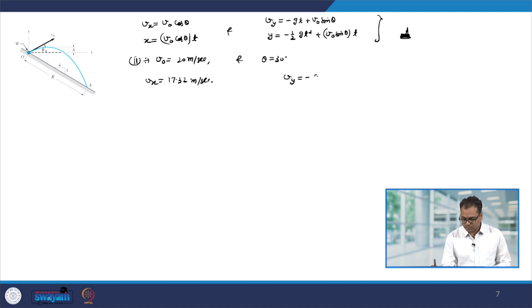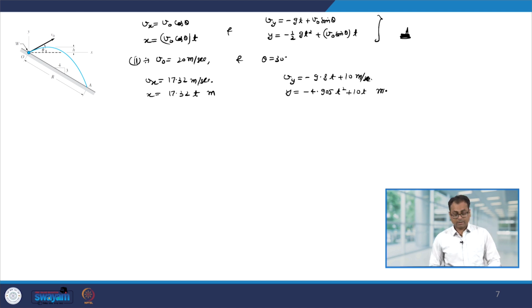Similarly, Vy comes out to be minus 9.8 t plus 10 meter per second, and x comes out to be 17.32 t meter, and y comes out to be minus 4.905 t square plus 10 t meter.